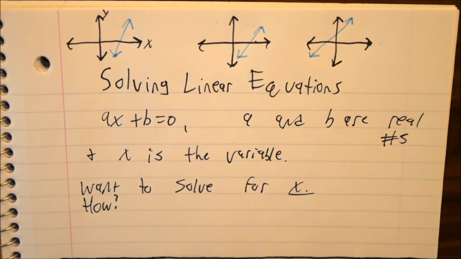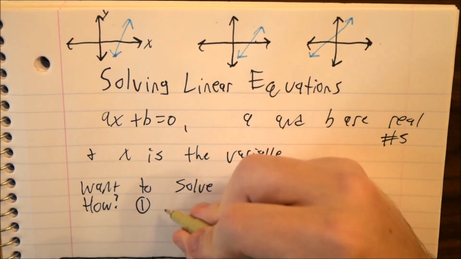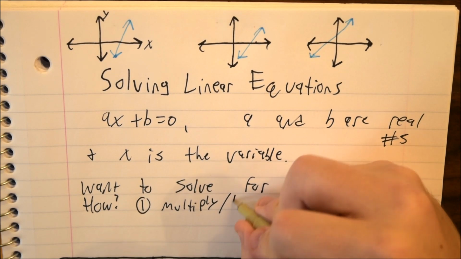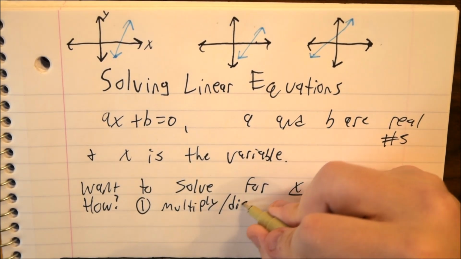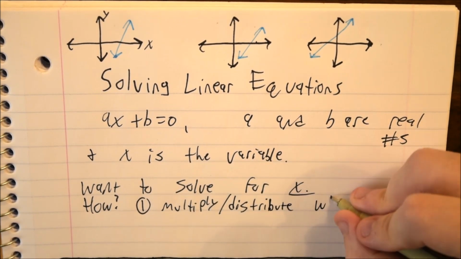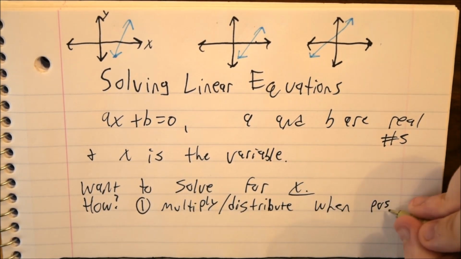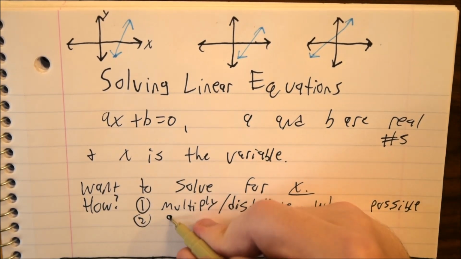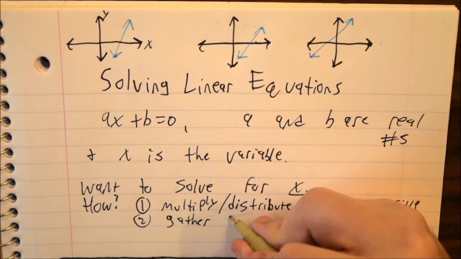Well, there's three general steps we can do in order to solve for x. The first one is we're going to multiply and distribute whenever we can. So let's say when possible. Step number two is we're going to gather like terms.